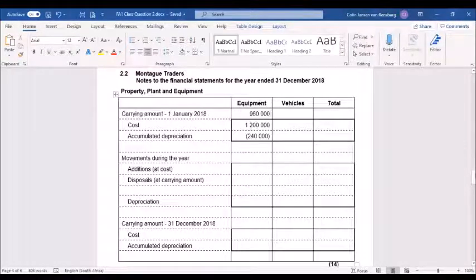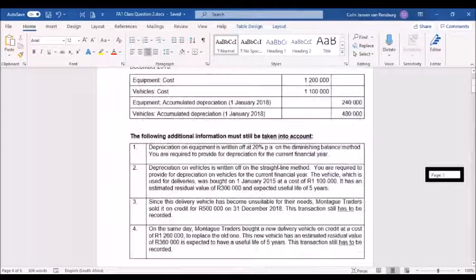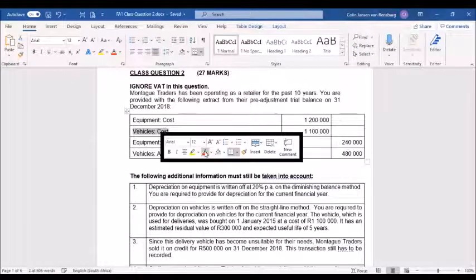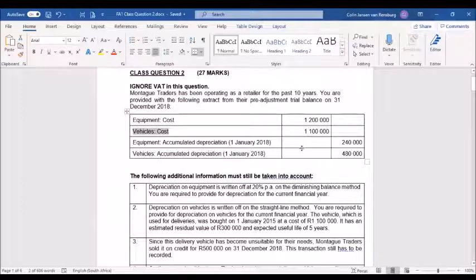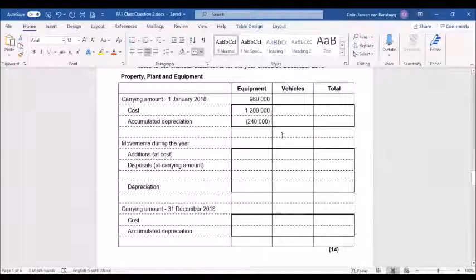So now let's go and do the same for our second category of property, plant, and equipment, which is vehicles. In the case of vehicles, we see that account, that general ledger account at the beginning of the year had an opening balance of 1,100,000. Right, so now we can go and provide that information in our note.